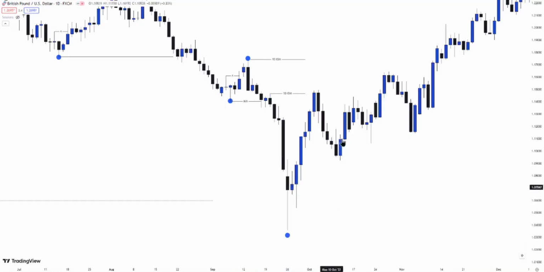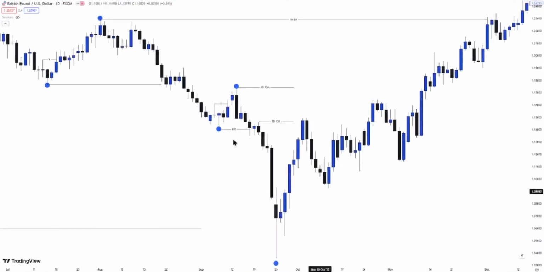All right? Clearly. Now, what we are saying is that on the daily time frame, if price takes out this major structure high, which is the lower high before this lower low, it means that's a change of character. Now, that's not a change of character. All right? This is your monthly inducement.